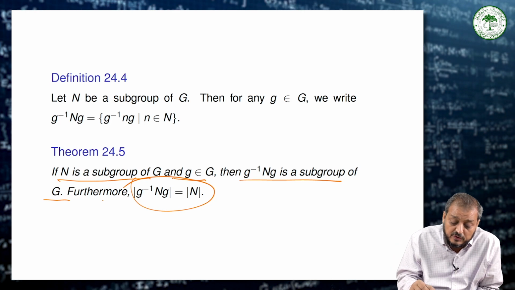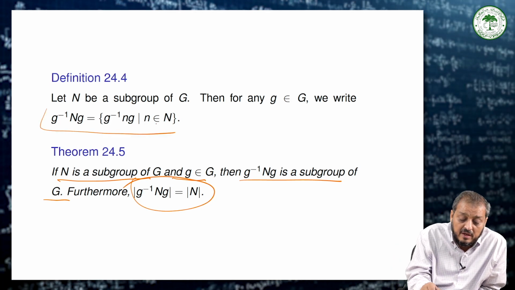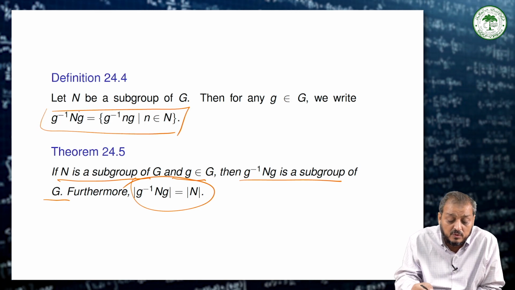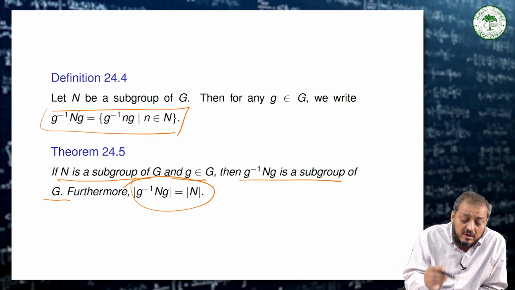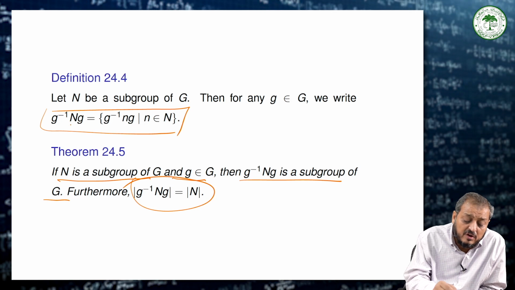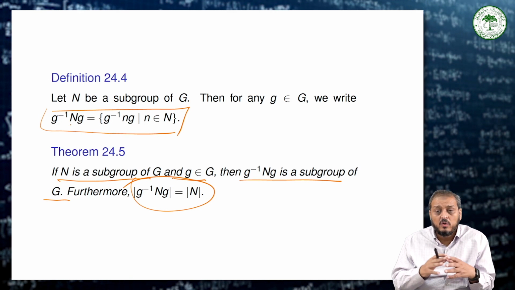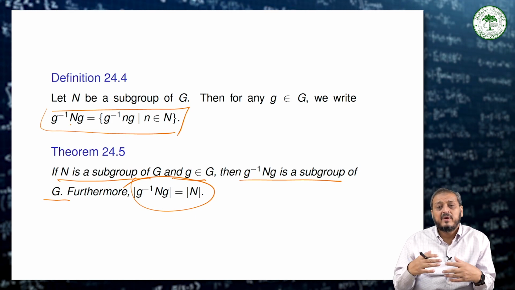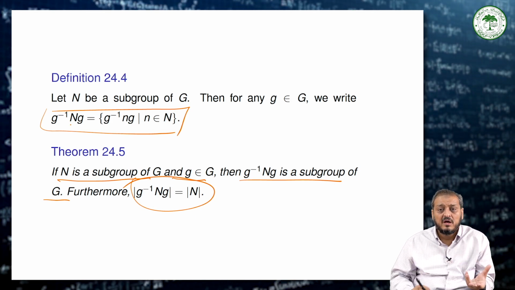So first we show that this set g inverse Ng is non-empty, and then we have to show that this is closed under this operation, and then every element's inverse also belongs to that set.